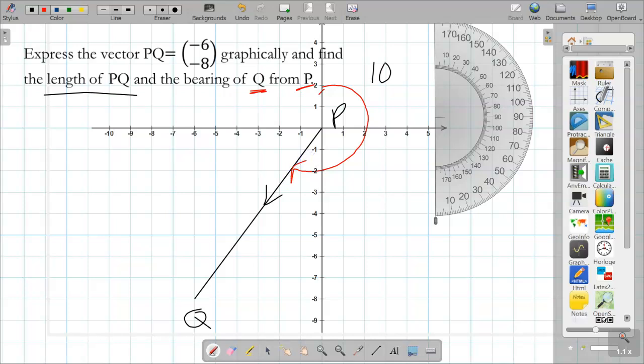Between the north pole and this is 90. Between the 90 and this line is another 90, making 180. So all we need is the small angle here, so that we can add it to the 180 to give us the bearing.